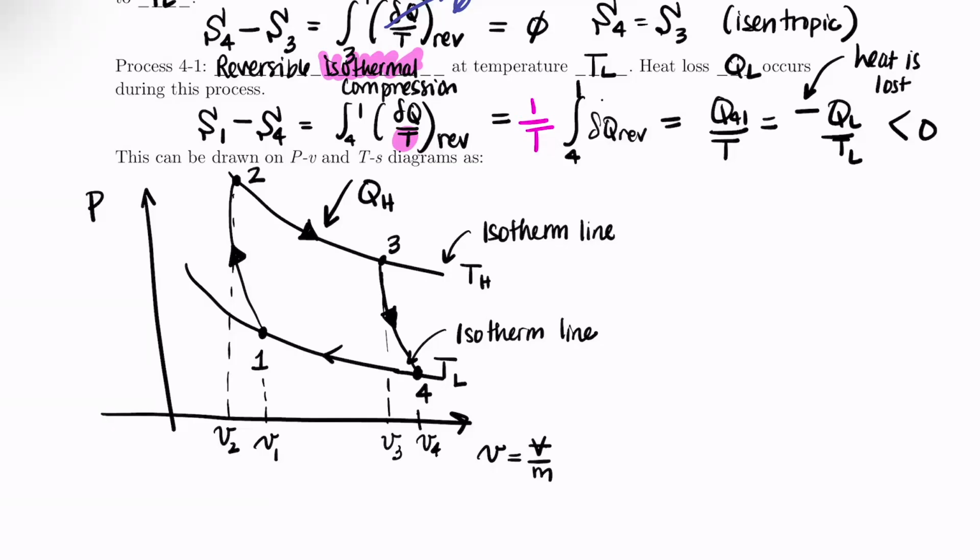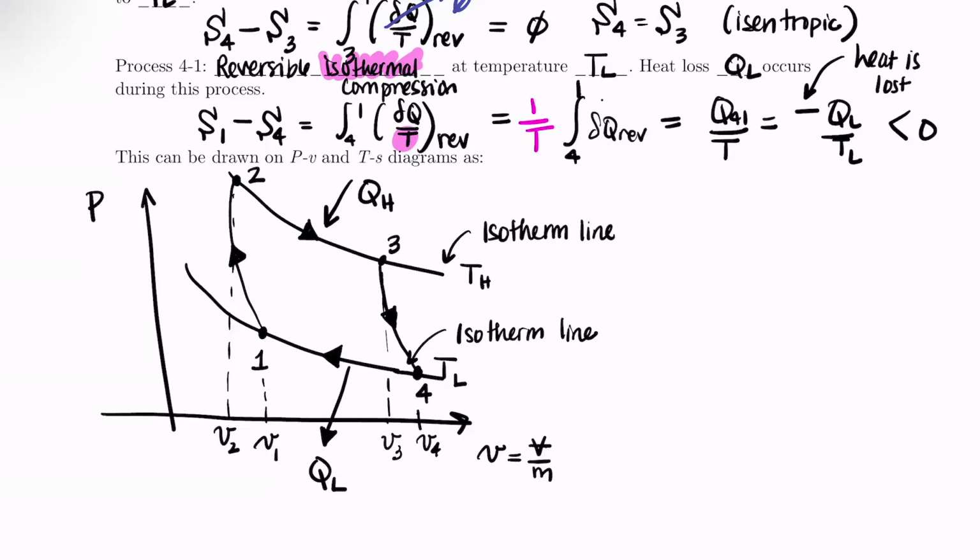So we are just connecting 1 and 4 like so. Heat loss is occurring here, so now we draw this as an arrow showing QL coming out. Does drawing this process on the PV diagram feel okay to everybody?